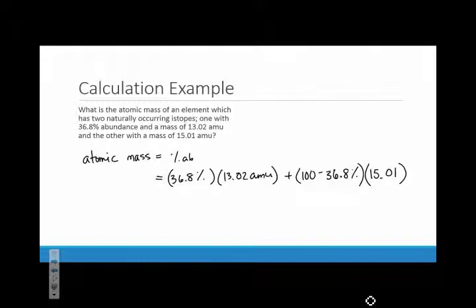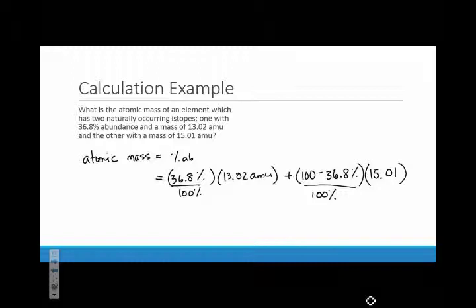Now, what you want to think about here is your significant figures, because we're doing multiplication and addition here. So keep in mind that you're dividing your percentages by 100 so that you're multiplying by a fraction.